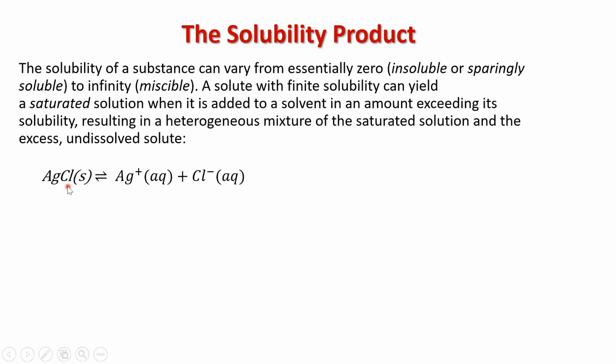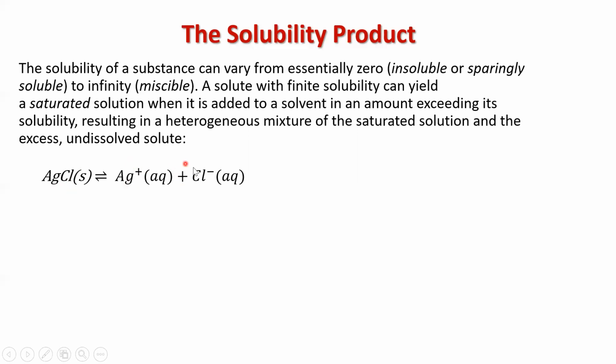So let's use silver chloride as our first example. Silver chloride is a slightly soluble salt. If we take solid silver chloride and put it into water, it's going to start to dissolve. Since it's an electrolyte, it's going to break up into ions in solution.